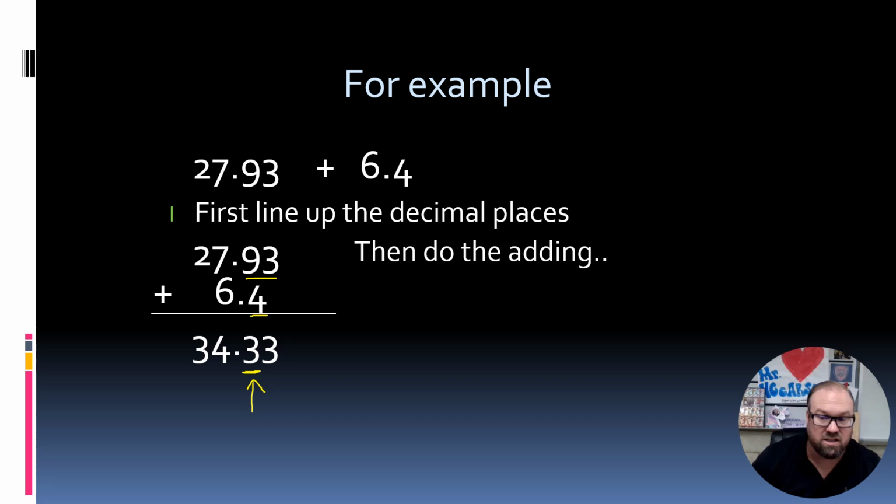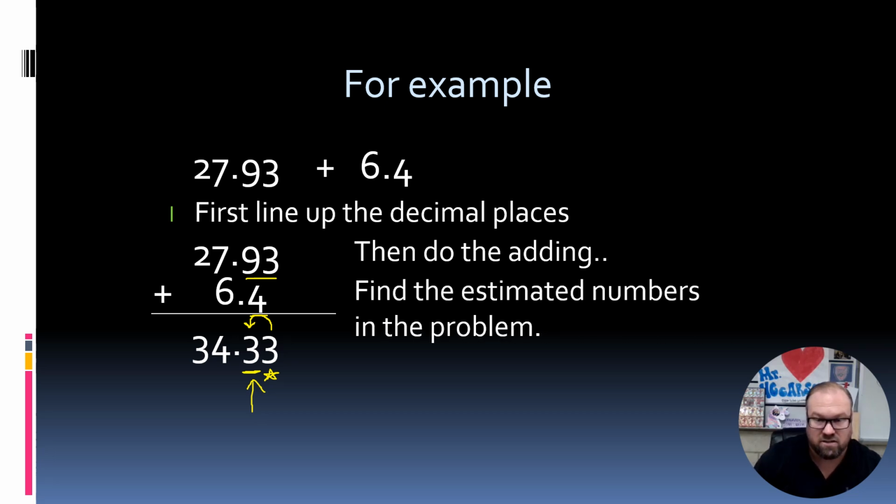Now, if we're rounding it to the tenths place, what that really means is we're looking one beyond that at the hundredths position to determine rounding. And we ask ourselves the age-old question, does 3 round up or leave it alone? It leaves it alone, right?